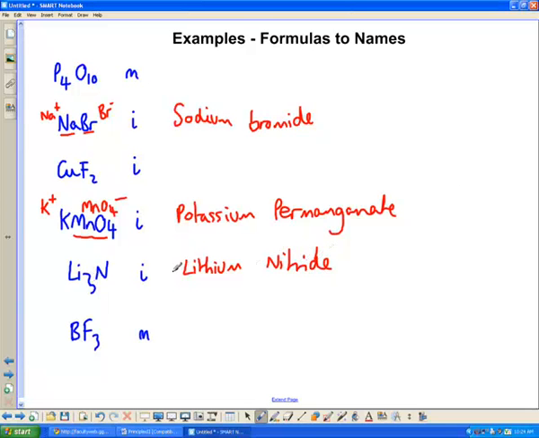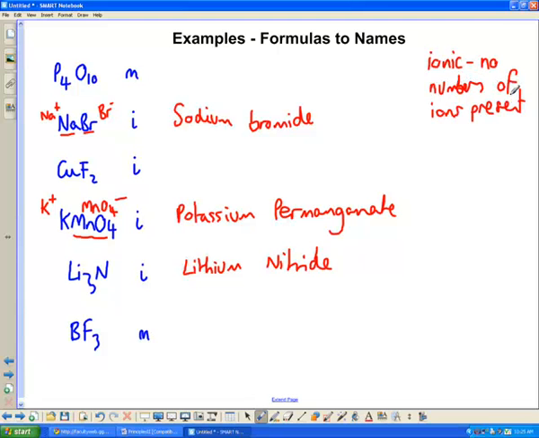There are 3 lithiums, but I didn't indicate 3 anywhere. There are going to be 2 fluorines here, but I'm not going to indicate 2. And that's because for ionic compounds, there are never any numbers of ions present.